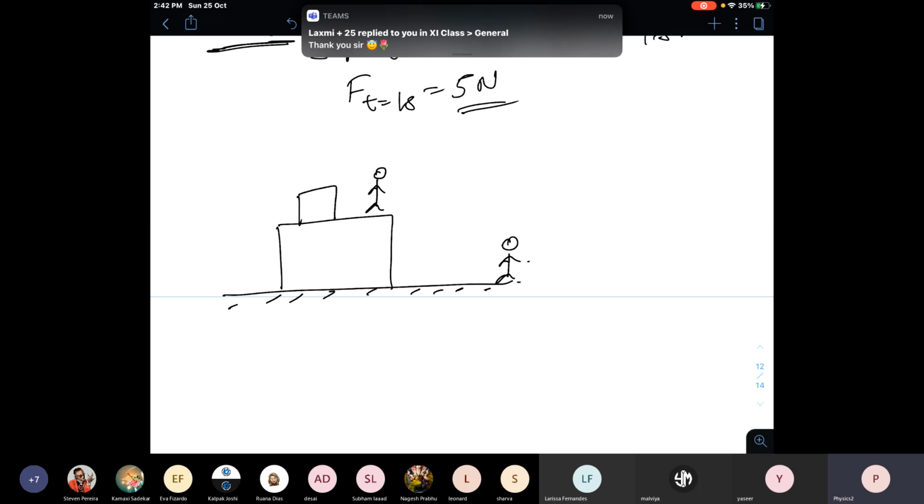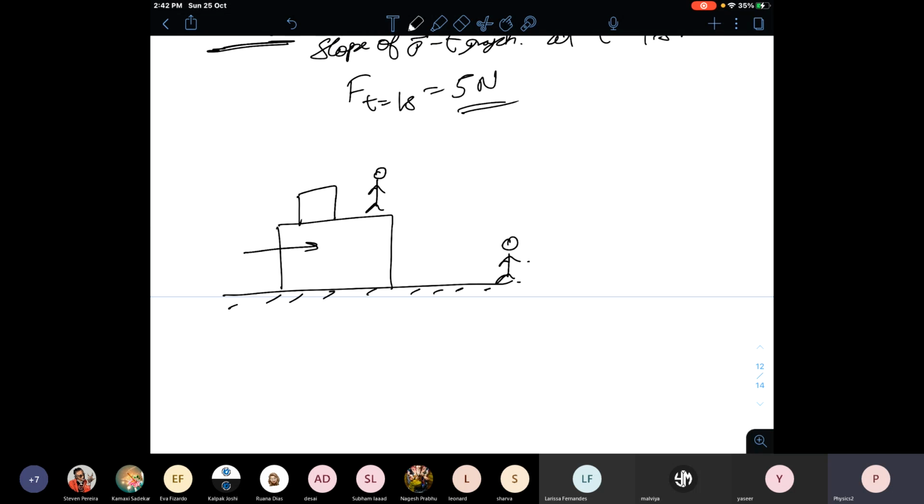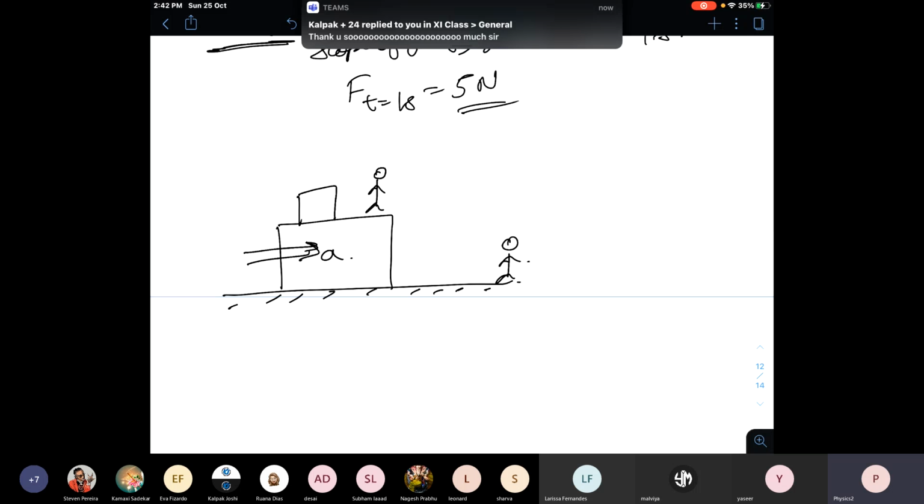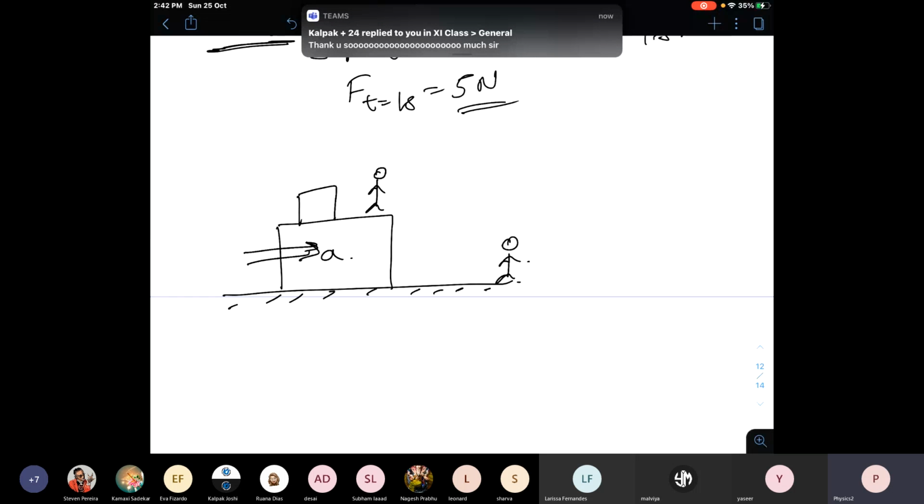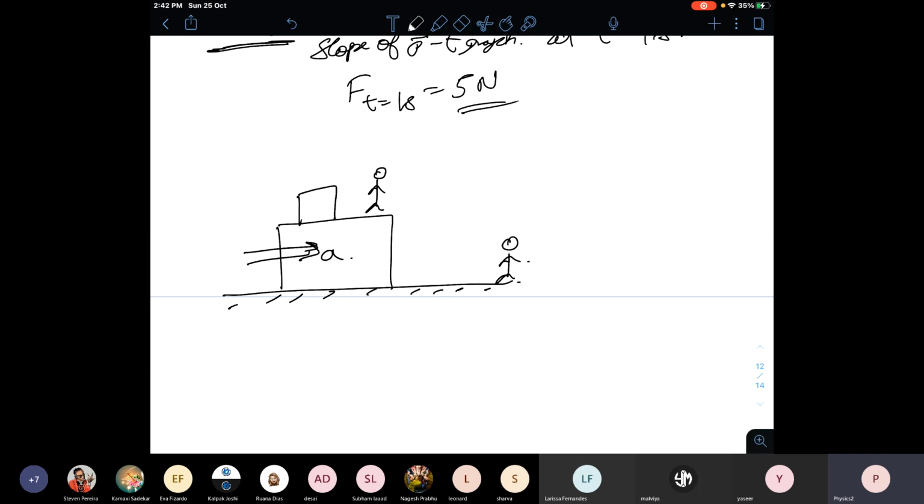Just imagine that this block is moving with some acceleration. It is like you are sitting in a bus, and the bus suddenly starts. If the bus suddenly starts, you experience a force in the backward direction. You know that.